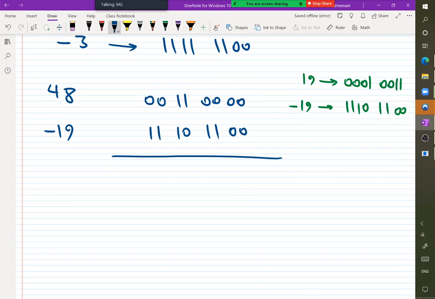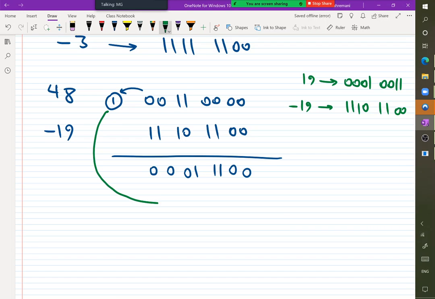If we add them, it will be 0, 0, 1, 1, 1, 0, 0, 0, and we have a carryout here. If we have a carryout, the carry bit is carried around and added to the sum.